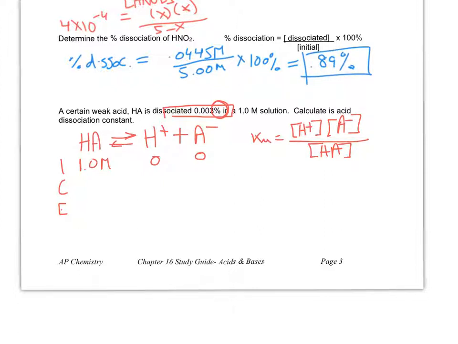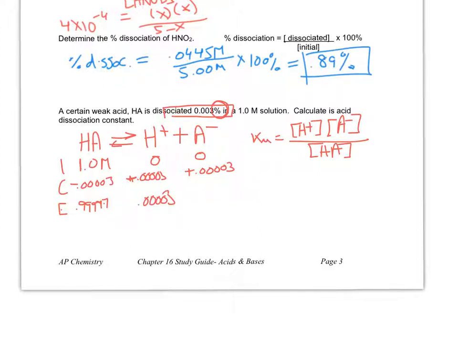So the change for this one is minus 0.00003, which tells me the change for this one is plus 0.00003, and this one is plus 0.00003. So at equilibrium, this one is 0.99997, 0.00003.